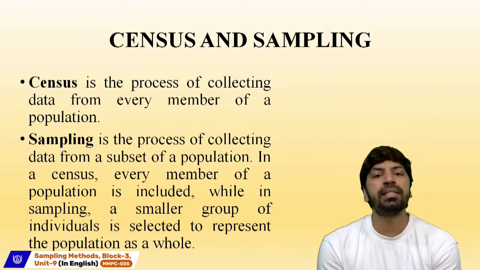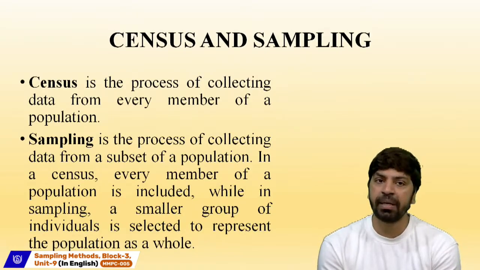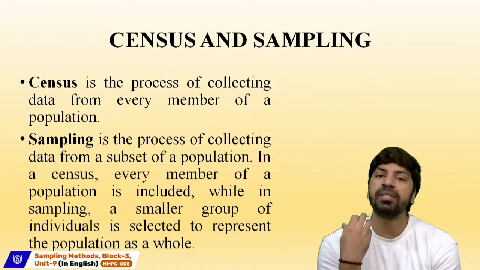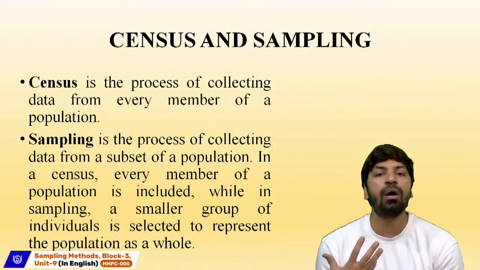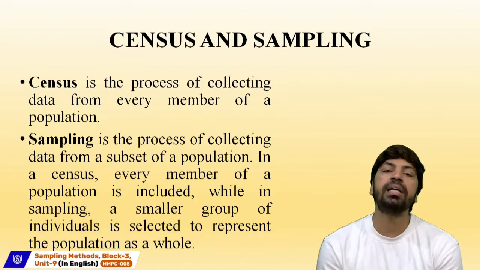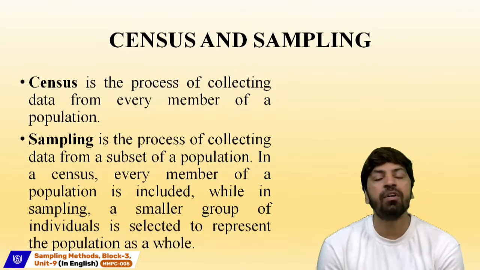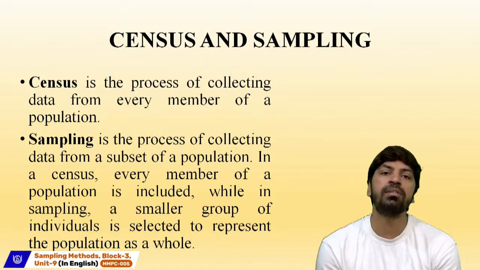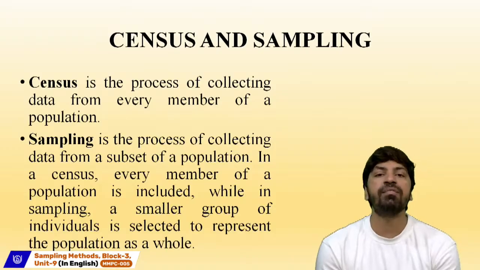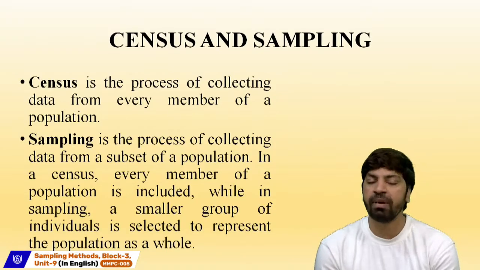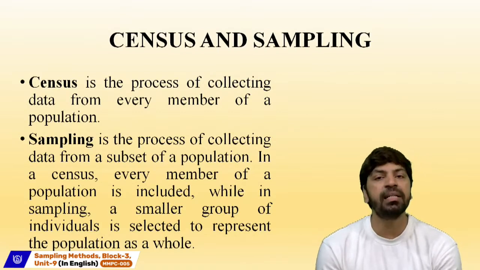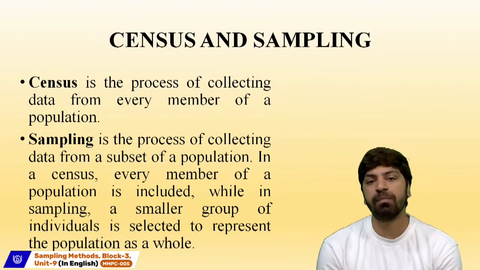The next concept is census and sampling. What is census? Census is the process in which the researcher collects data from every member of the population, whereas sampling is the process of collecting data from a subset of the population.